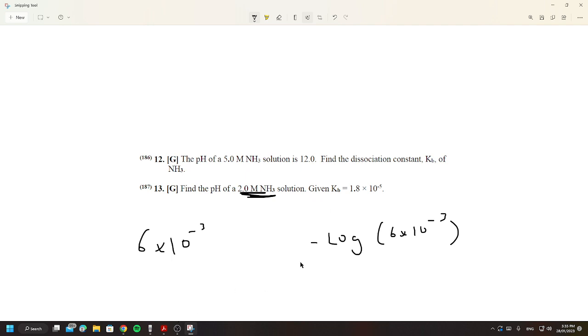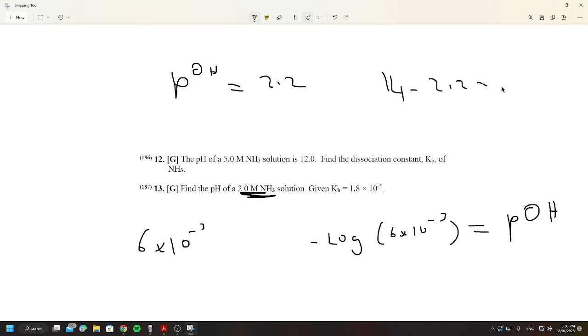Alhamdulillah. Okay, so you get POH is 2.2. You want to find pH, so you do 14 minus 2.2. 14 minus 2.2 is 11.8.